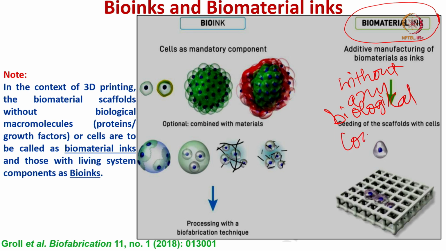Whereas bioink essentially means that cells must be contained with the hydrogel or biomaterial ink, and that may be optionally combined with materials. You can use it as a biofabrication technique, and this leads to bioink.